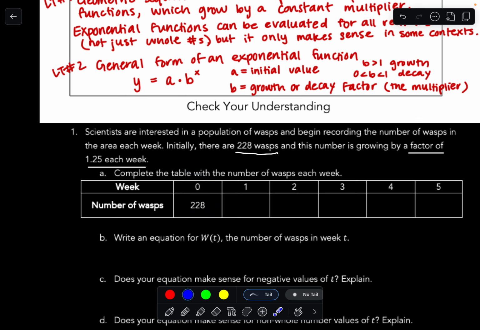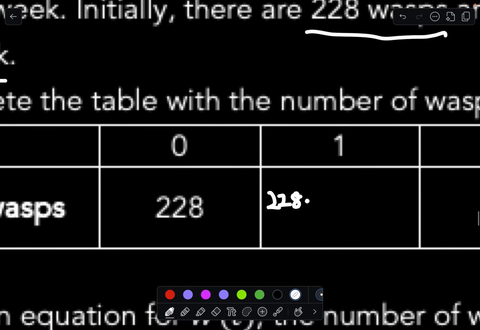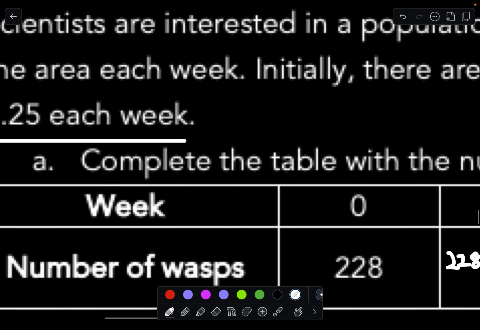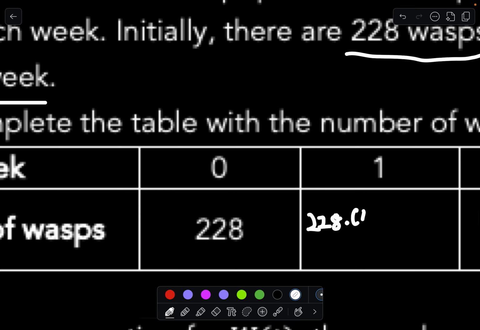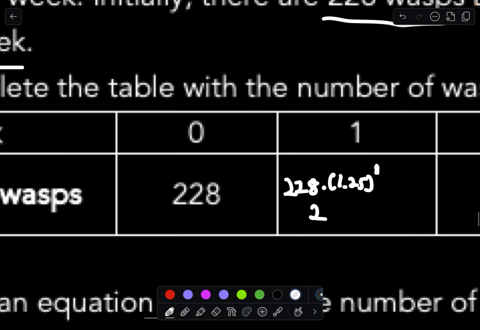Then after 1 week, that would be equal to 228 times 1.25 to the first power, and that gives us 285 wasps.